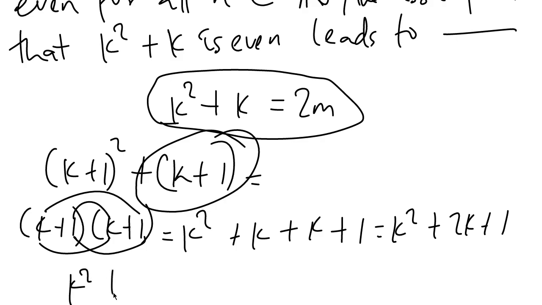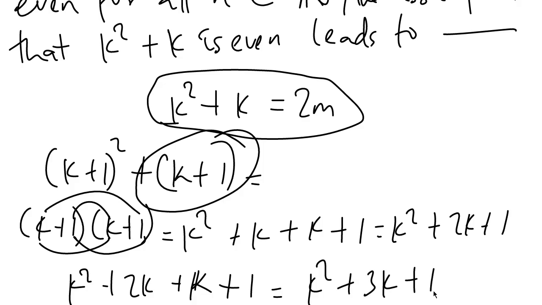So it will be k squared plus 2k plus 1 plus k plus 1, which will be k squared plus 3k plus 1. You're following, right? Do you get it? This is the expression that was gotten when we substituted n equal to k plus 1.